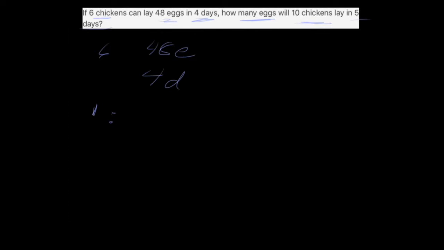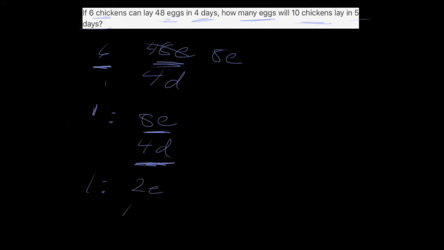So first off, we can divide this number by 6 to get 8 eggs in 4 days for one chicken, right? Because if there's 6 chickens and 48 eggs, that means one chicken made 8 of those eggs in 4 days. And now we want how many in 1 day. So we can divide this by 4, right? So every day he made 2 eggs.